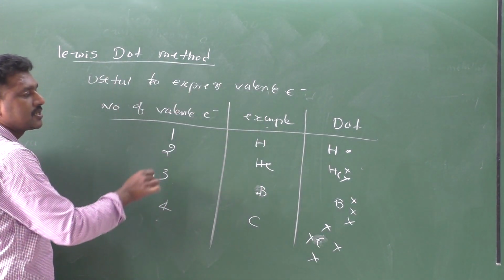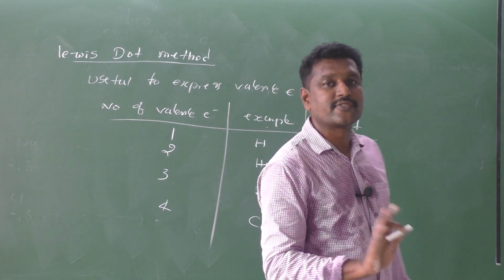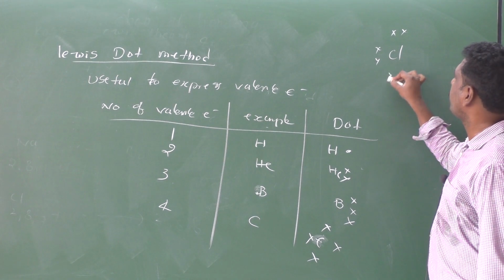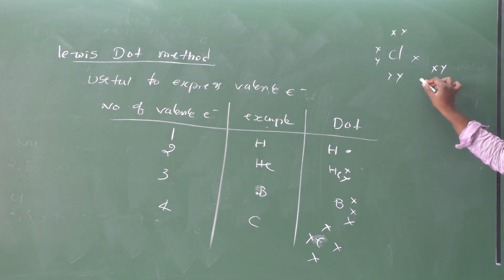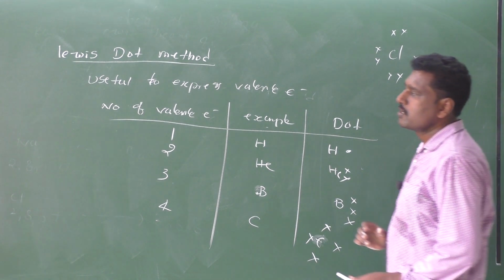So this is the electron dot method to represent the valency electrons. For example, chlorine has 7. Nitrogen has 5, like this. This is the electron dot method, the Lewis dot structure.